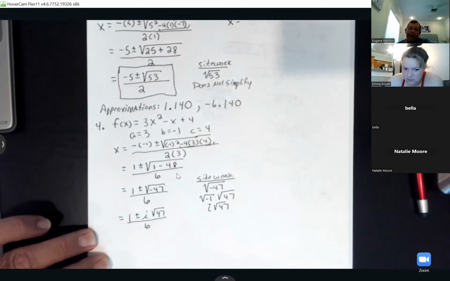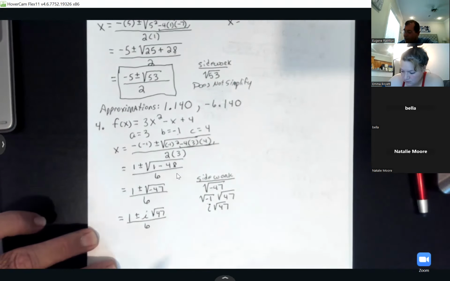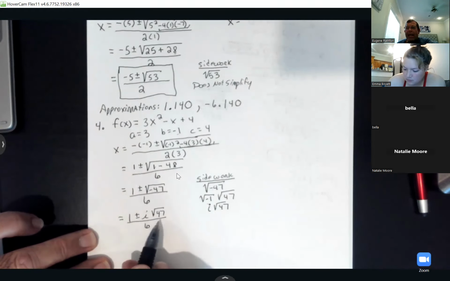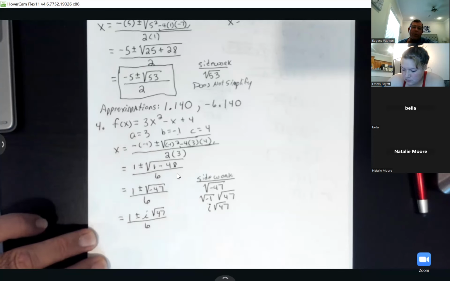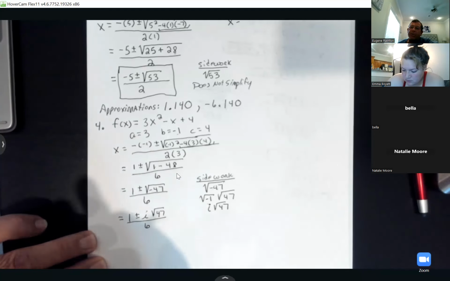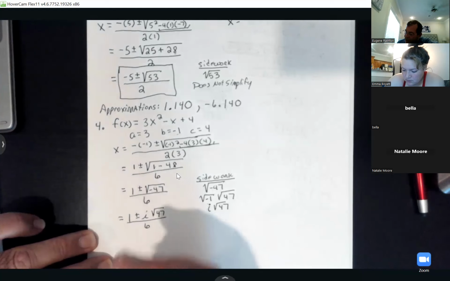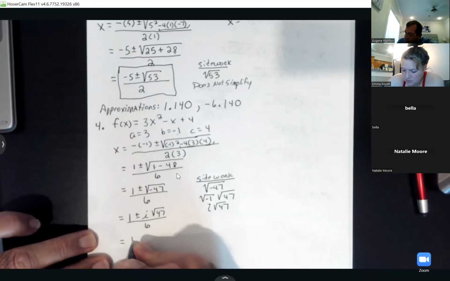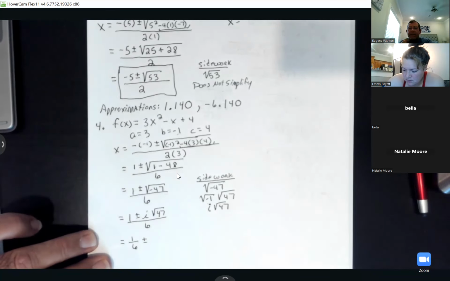Now, here's the thing. On this problem, I actually got to go a little bit further because we call this a complex number because it's got a real part and an imaginary part. So when you got a complex number, they want you to separate it into 2 fractions. So you're going to put the 1 over 6 and get a 1 over 6 plus or minus.